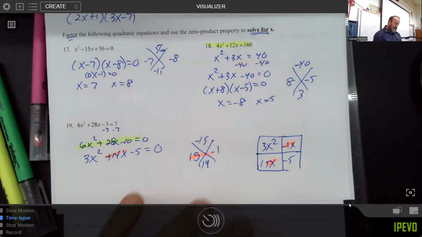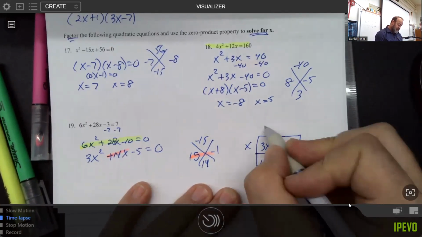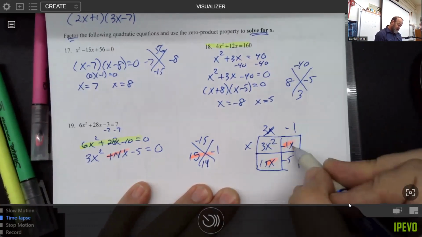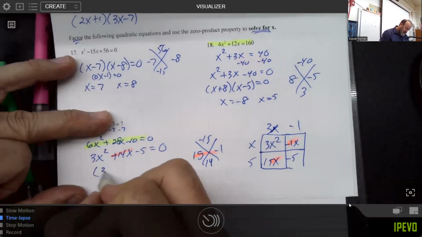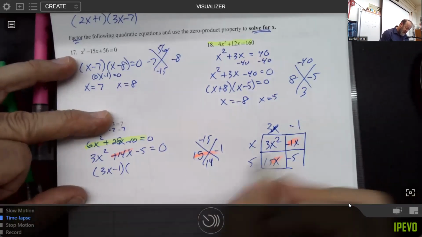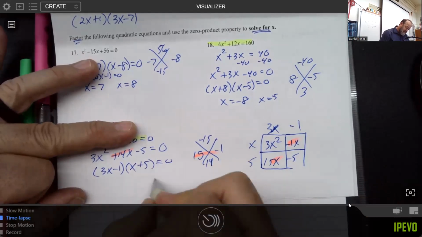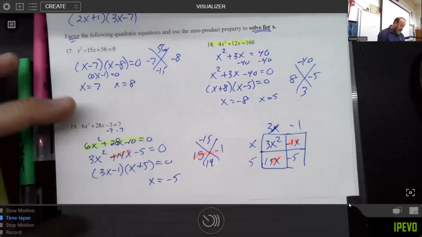And I'm going to look, hey, these only have an x in common. So x times 3x, x times -1 would be -x, 5. And so my factors would be 3x minus 1 times x plus 5 is 0, which leaves one of my answers right there to be -5 fairly clearly.